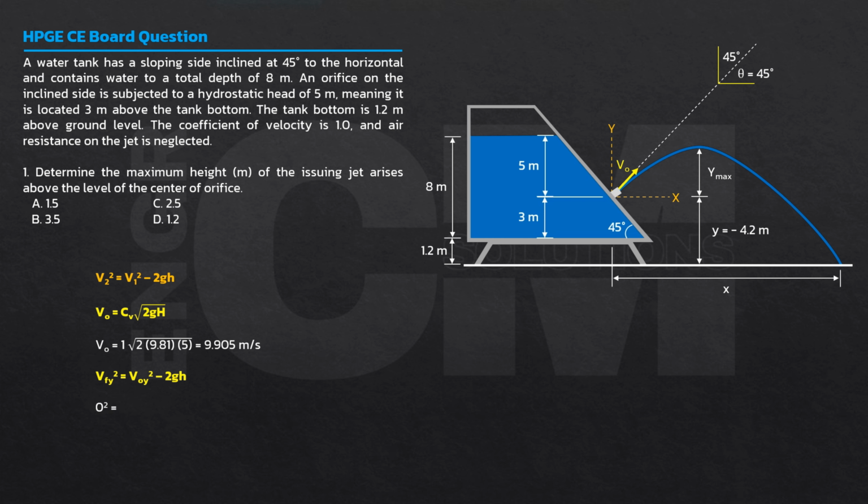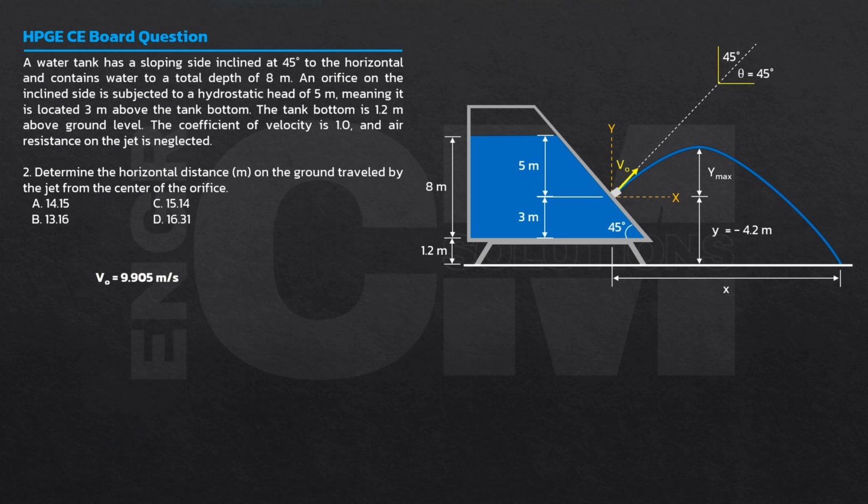The final velocity is 0, the y component of velocity there is 0. What remains is only the x component. The initial velocity y component is VO sine theta, minus 2g, 9.81, with h as y max. So it will go up to 2.5 meters.